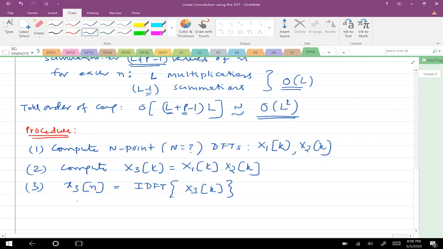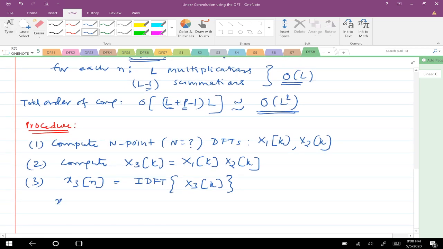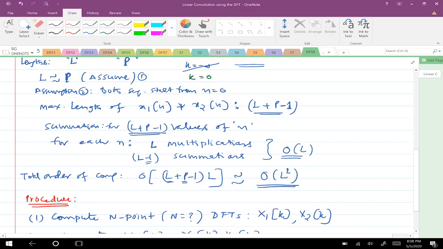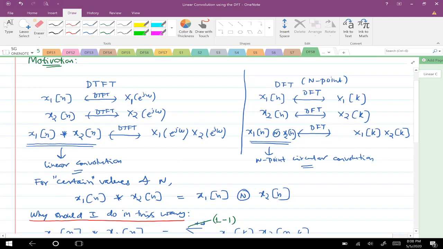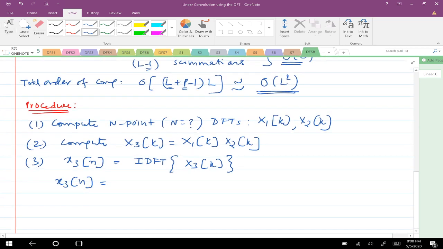And this x3 of n, what would that be? In fact, you know it from what you have written here, it is exactly equivalent to x1 of n, n point circularly convolved with x2 of n.